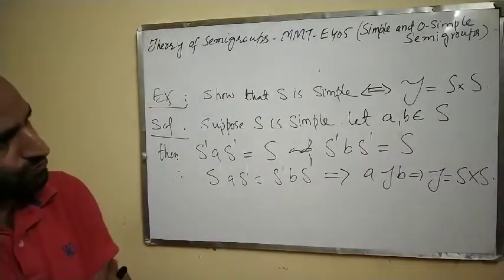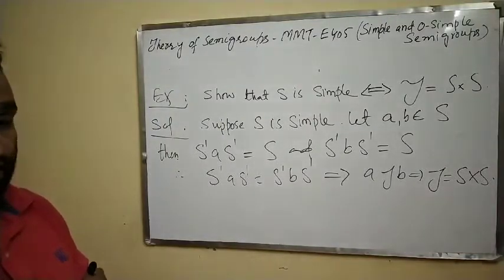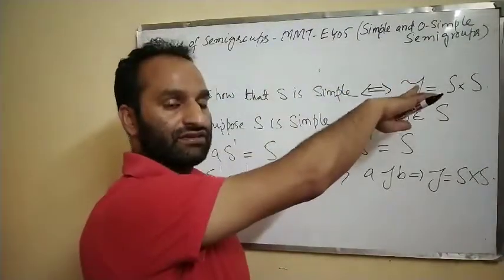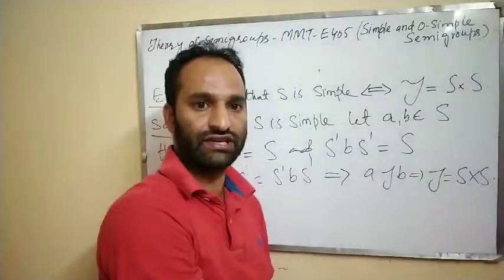Next, we assume that any two elements are J related, or we can say that S is the only J class, because any two elements are J related. That means it has only one J class, that's S itself.